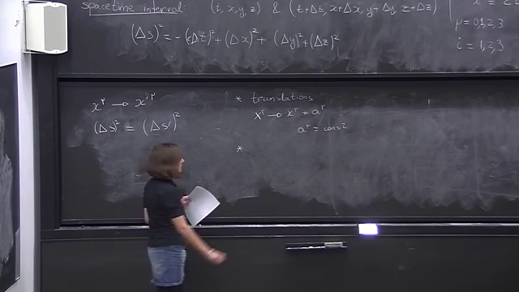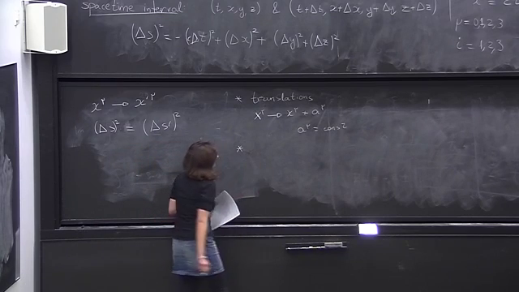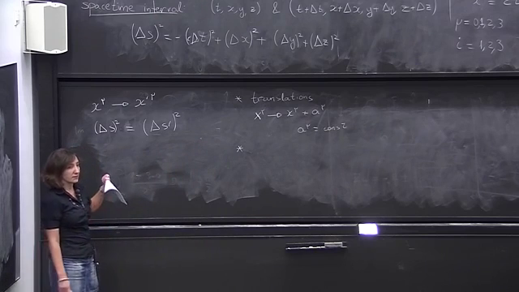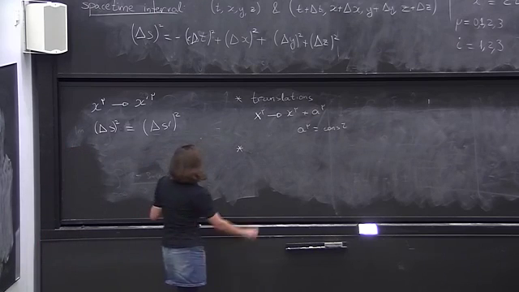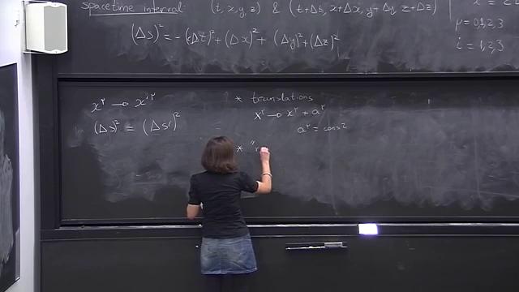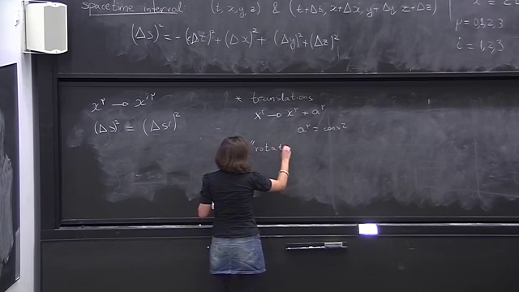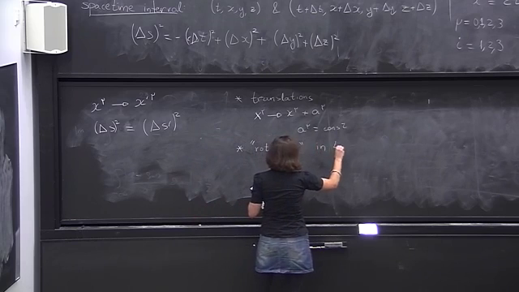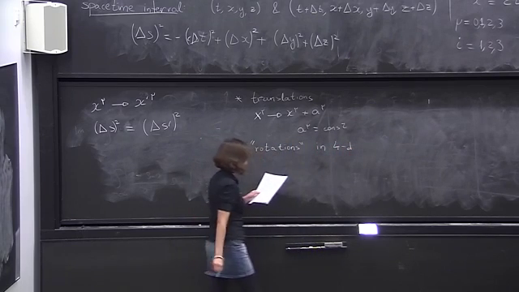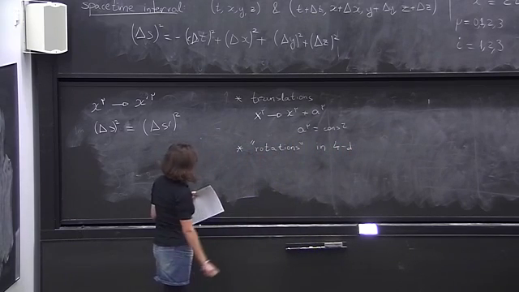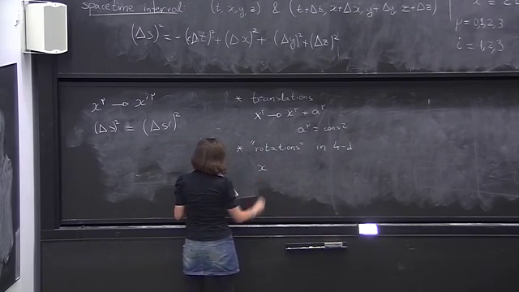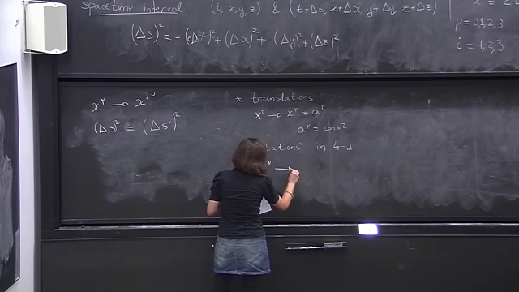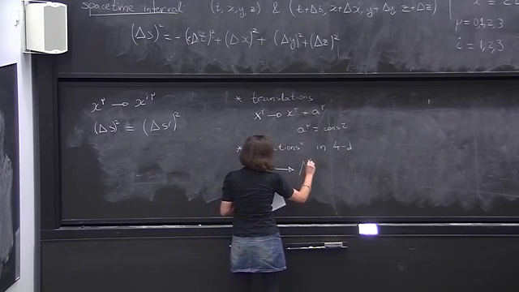Another option is to make the equivalent of three-dimensional rotations in 4 dimensions. So I'm going to write this as rotations in our 4-dimensional space-time. And these are what you know as Lorentz transformations.